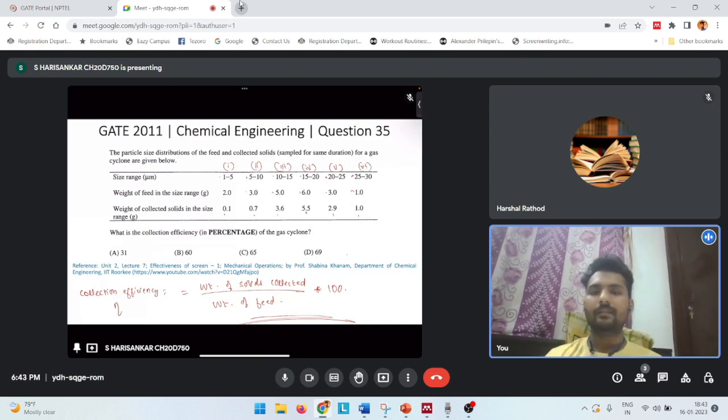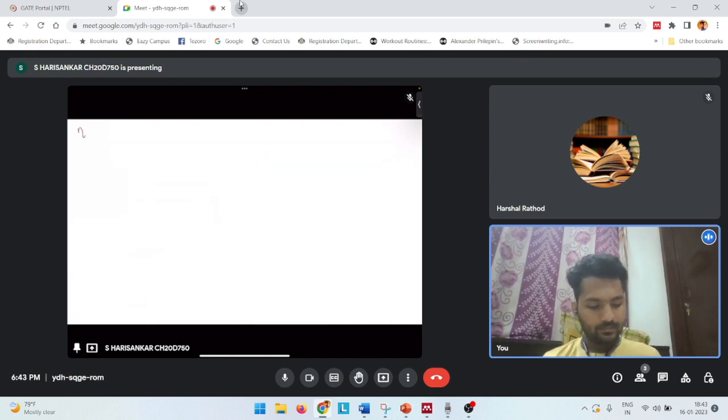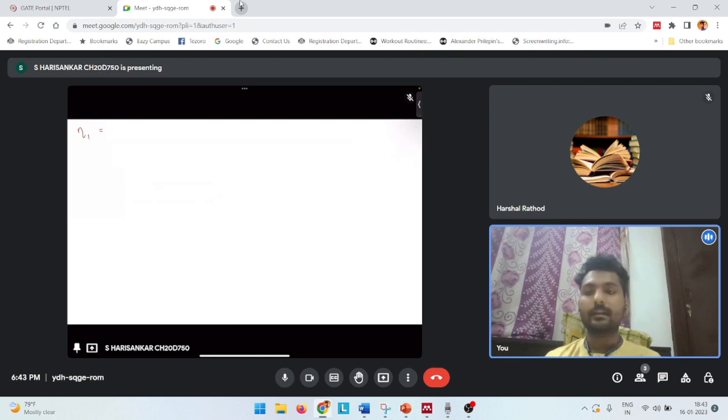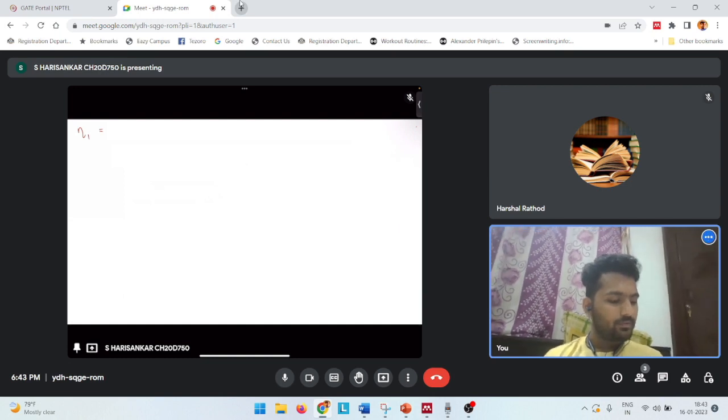The collection efficiency in size range 1 will be eta 1, and that is equal to the weight of the solids collected in this range.